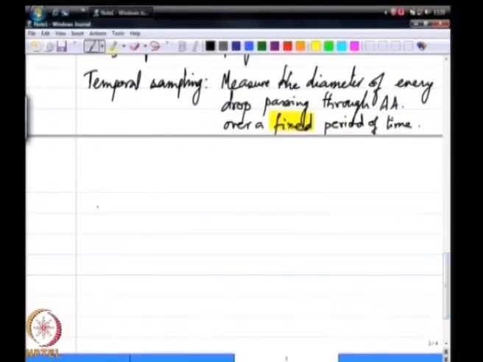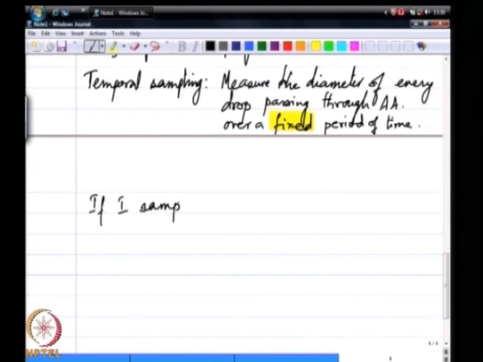Now, I know that I am producing 10 drops per second, which means if I sample for 1 second, I will do it just to move away from 1.